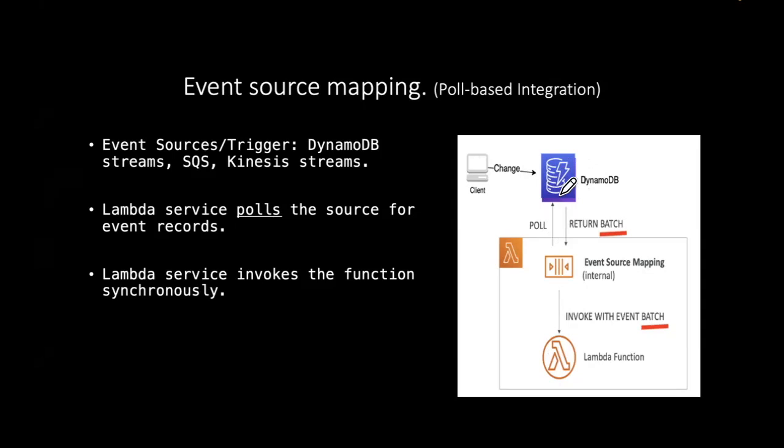And it will respond with the various changes that have occurred. So essentially, the database keeps a log of the changes that are happening in the database service, DynamoDB, for example. It keeps a log and it sends that log as a response to the Lambda service when it polls it for changes.